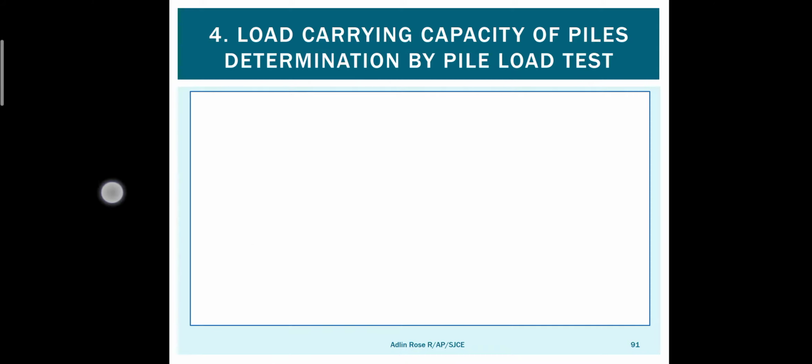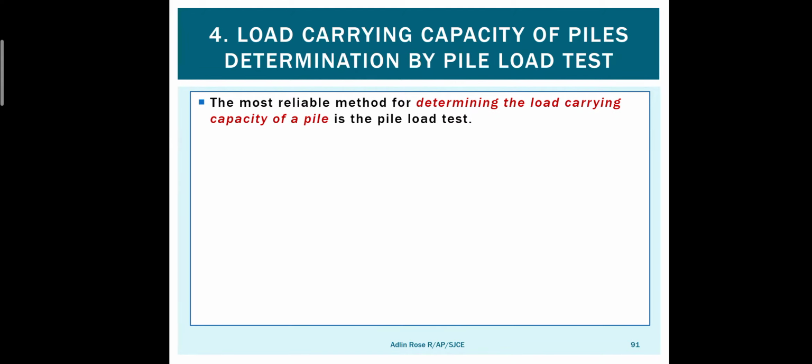Okay. So the fourth method for finding the pile load capacity is the pile load test. We learned about the plate load test in unit 2 for finding the ultimate bearing capacity and settlement.